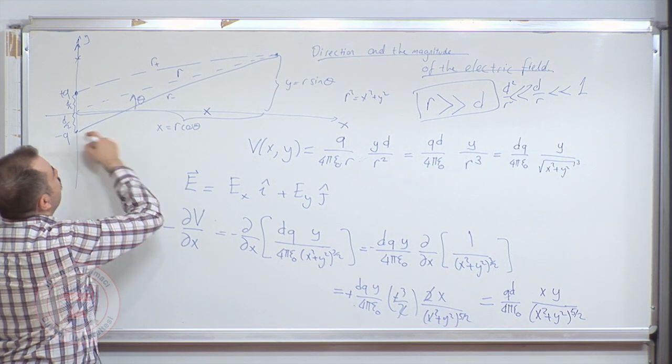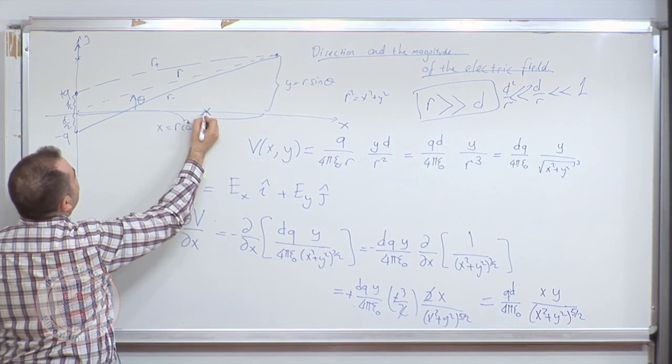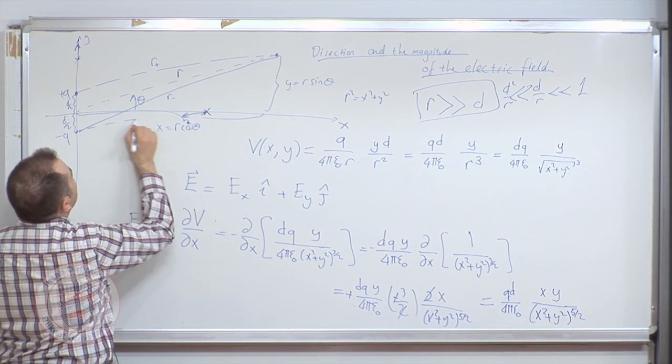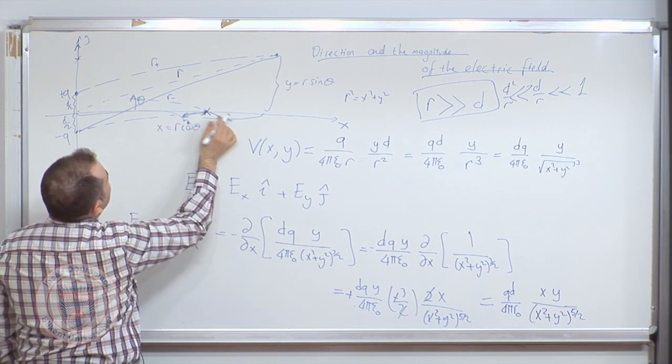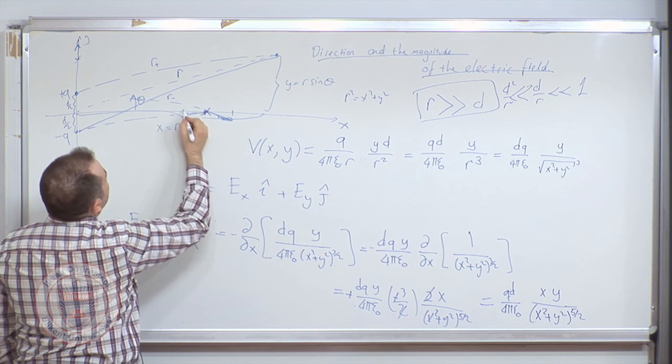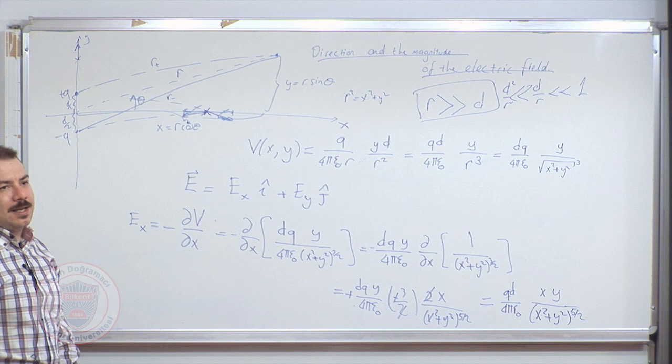The negative charge will give me an electric field like this, right? The positive charge will give me an electric field like this. So the x components would cancel each other.